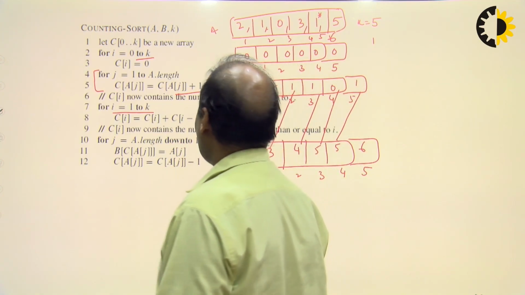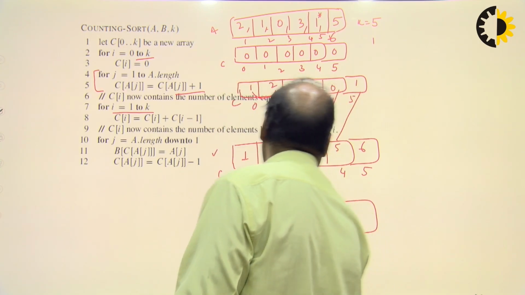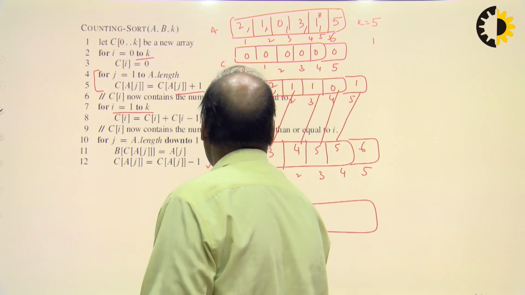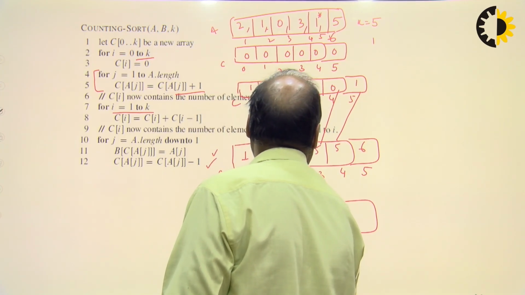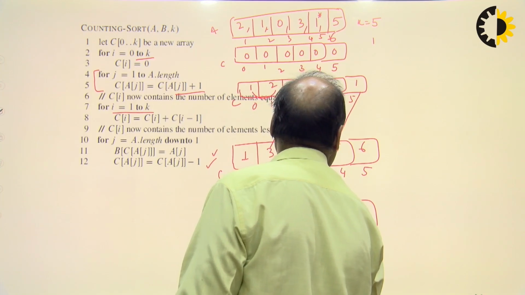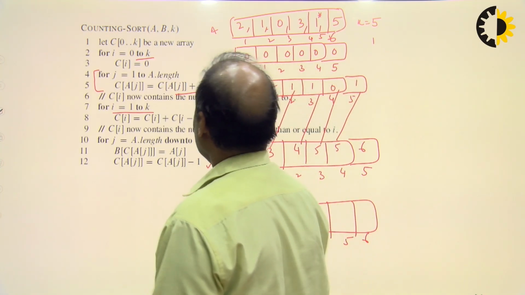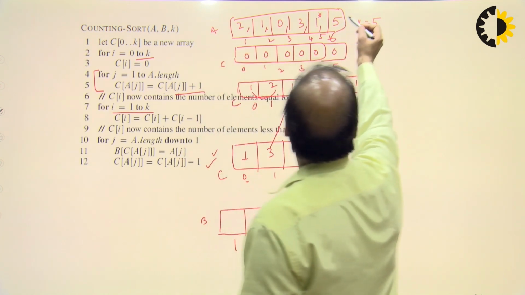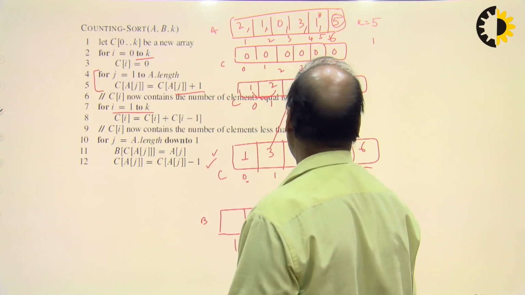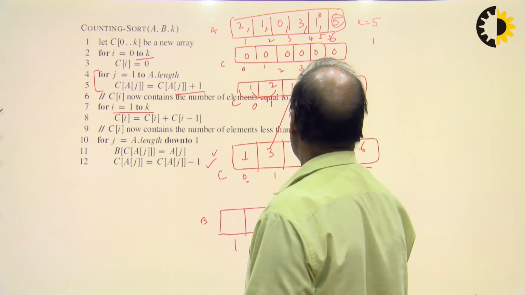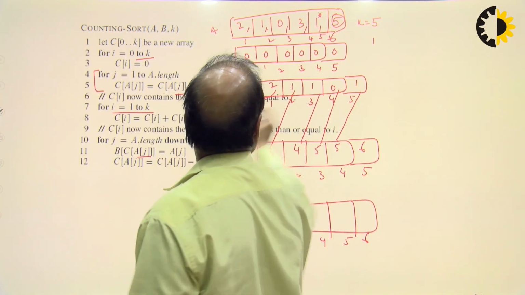Now take another array B. This is the output array. This C is clear. Take another array B, indexed 1, 2, 3, 4, 5 and 6. Start from the last element of A, A6.